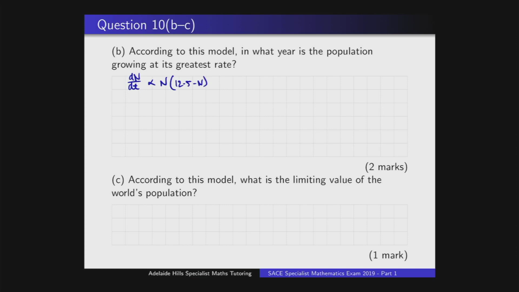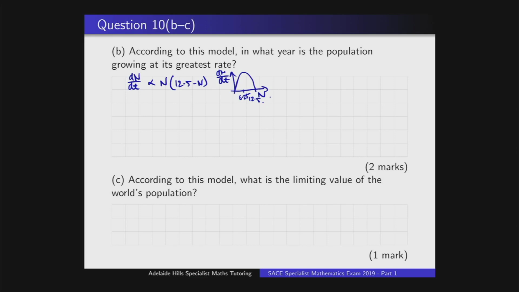And so if you were to draw a quick plot of that, showing growth rate against n, what you would have is it equals 0 at n equals 0. It also equals 0 at n equals 12.5. And at n equals 6.25 it's a maximum because it's a parabola. It's a quadratic expression.